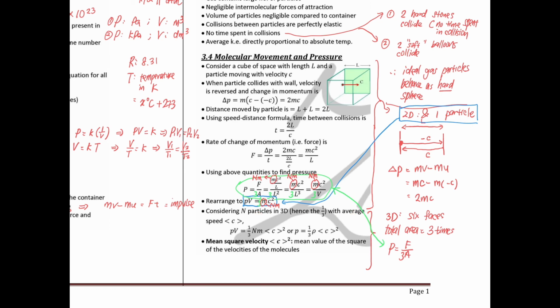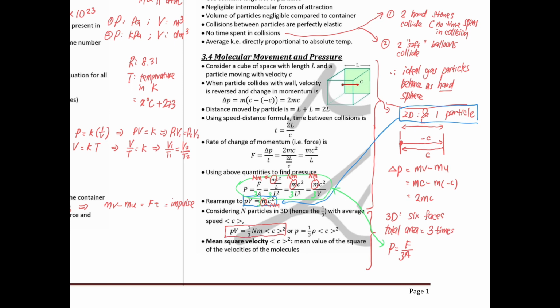If you still remember chemistry, there is a Boltzmann distribution. So they move at different speed. So because of that, we put this special symbol to show that this is the average speed and we square it. And after that, this is the formula in 3D.